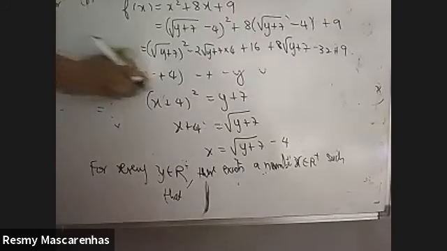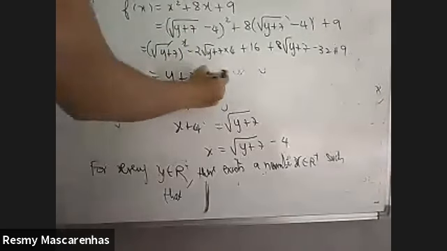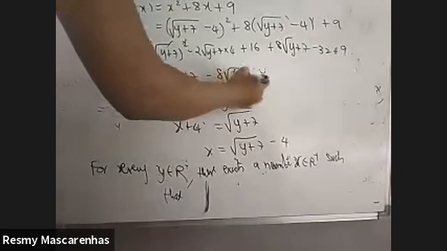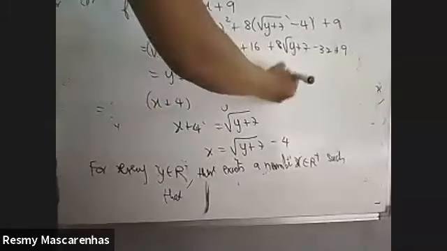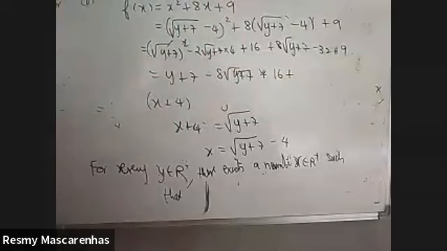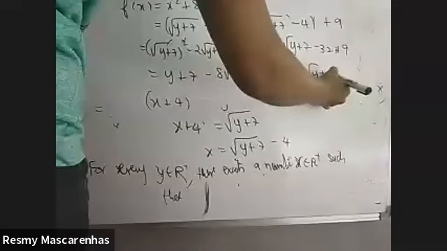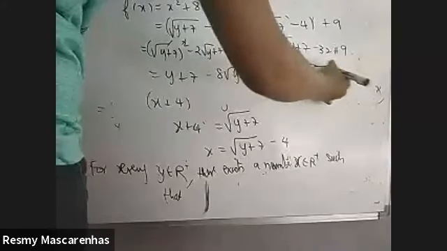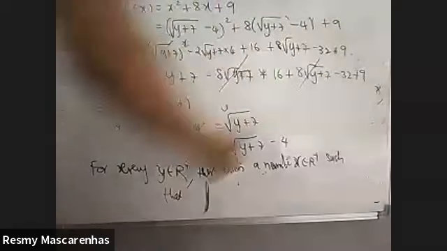Okay, so later this will cancel. So this will be y plus 7 minus 8 times, plus 16, plus 8 times, minus 32 plus 9. So this and this will cancel.